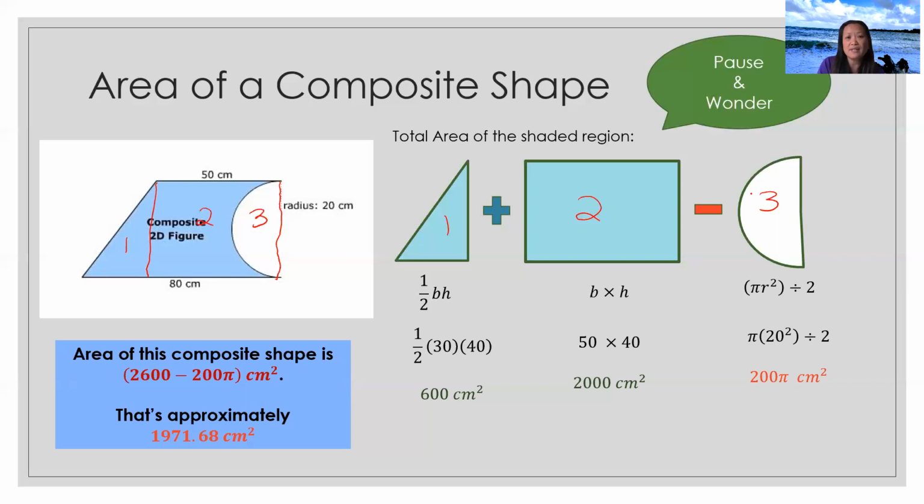We're counting centimeters squared. And if you use your calculator, use the pi button to calculate the 2600 minus 200 pi, being approximated as 1971.68 centimeters squared. And that's how you find area of composite shapes.